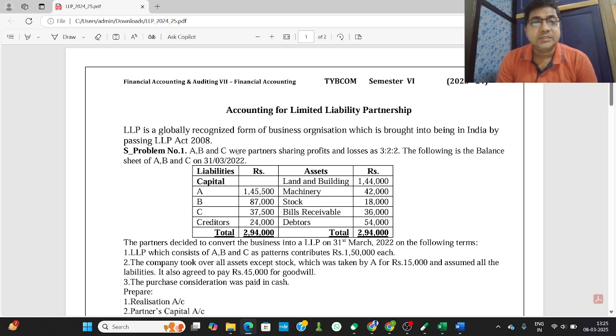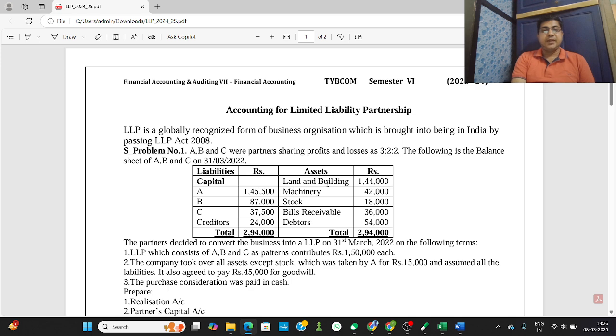A, B, and C were partners sharing profits and losses as 3 to 2 to 1. Following is the balance sheet of A, B, and C on 31st March 2022. Liability side: A's capital 1,45,500, B's capital 87,000, C's capital 37,500, creditors 24,000.